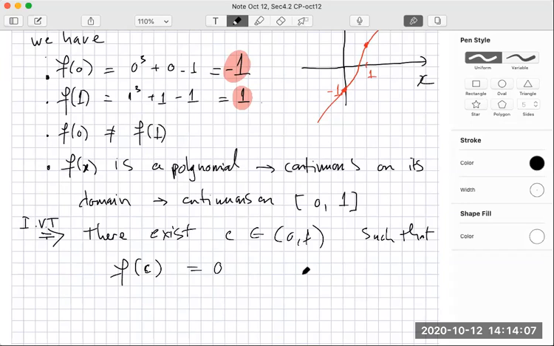So from this, we can conclude that this function has a solution, for sure, from the intermediate value theorem. And the second thing we need to prove is that it has exactly one solution.